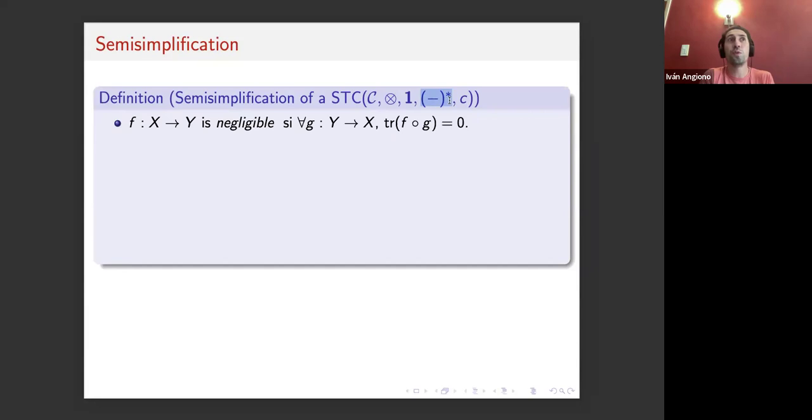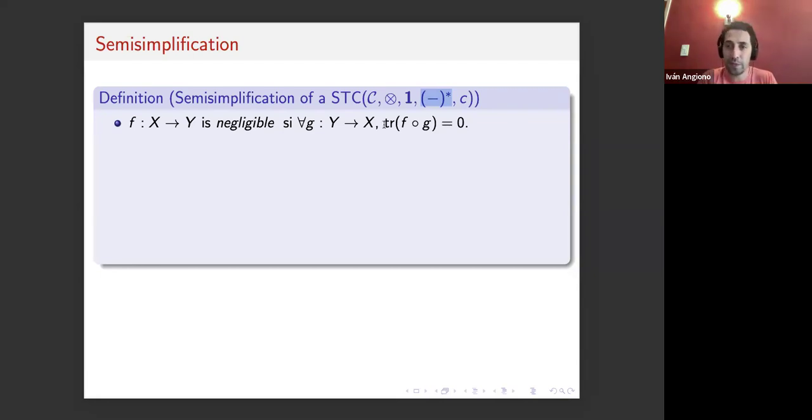Essentially, what you do for vector spaces, you send 1 to the sum of a basis element by the corresponding element of the dual basis. And this is the way in which you represent the identity inside the endomorphisms, when you look at the isomorphism between the endomorphisms of B with B tensor B dual. So you have these maps because of this duality that you have for your category.